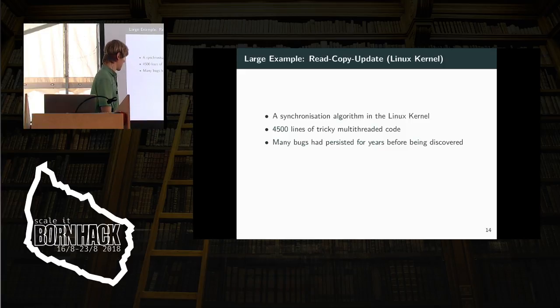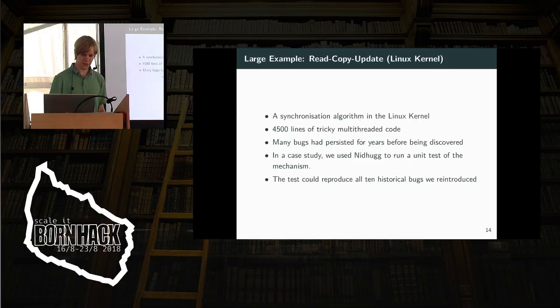And in order to make this really scalable, it has grown complicated over the years and is currently at over 4,500 lines of very tricky C code. And it has historically been a source of quite a few long-lived bugs that have only surfaced years after they were introduced.